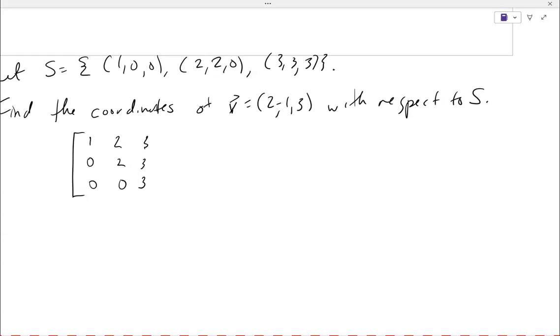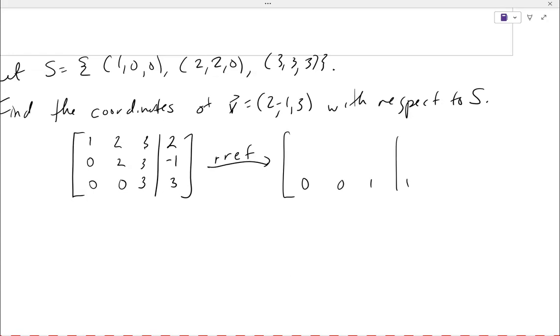Okay. So if we want to find the coordinates of the vector relative to this basis S, we're going to do what we always do. It's basically just asking you to find a linear combination of the three basis vectors that gives me this vector. So if we row reduce this, I'm not going to put it into a calculator, because I can tell the last row, if I divide both sides by 3, I get 0, 0, 1, 1.